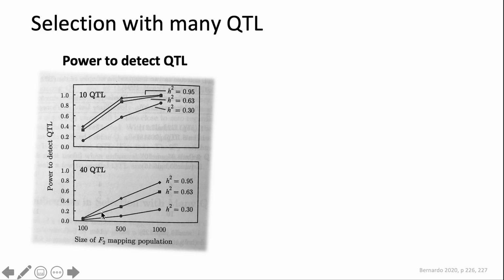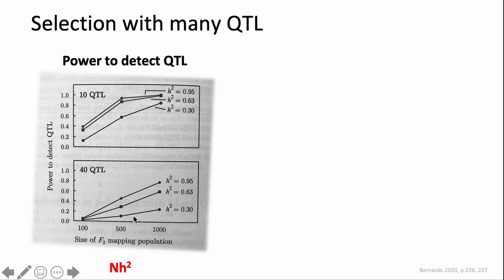And here again, this is in an F2 population. If you are using, for example, a diversity panel, the power is going to be lower and lower because the allele frequencies are going to be different, not as in the F2, where, hopefully you remember, it is 0.5 for P and for Q.